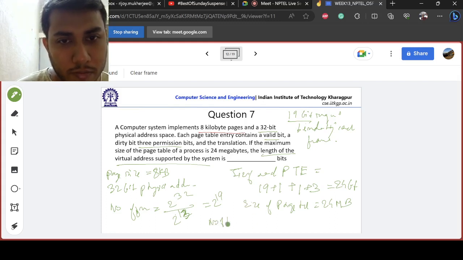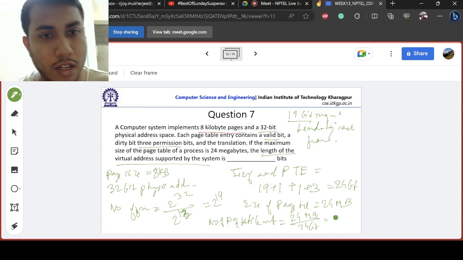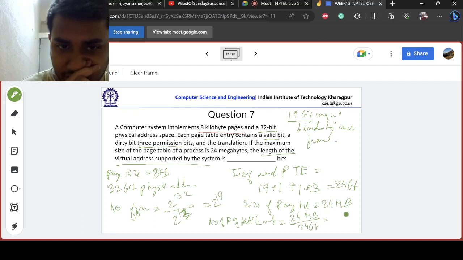So we need to find out the number of page table entries. That will be 24 MB divided by 24 bits. So the 24 will get cancelled out.